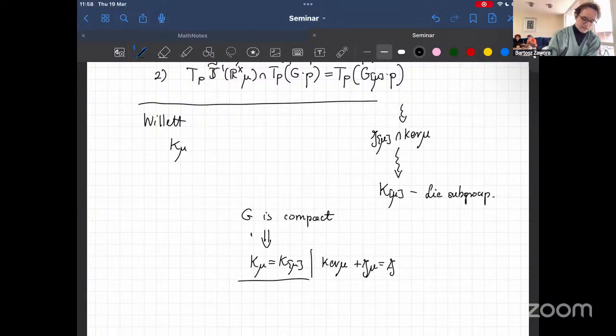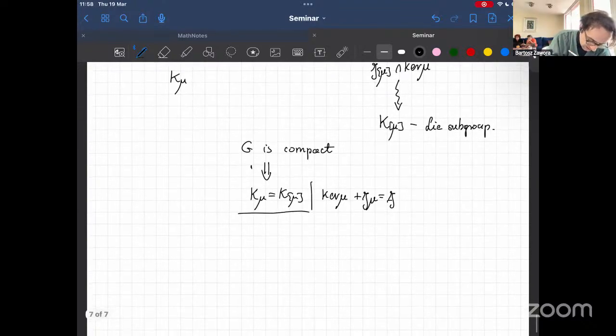But if G is not compact, then K_mu is a smaller subgroup of K_mu in brackets.